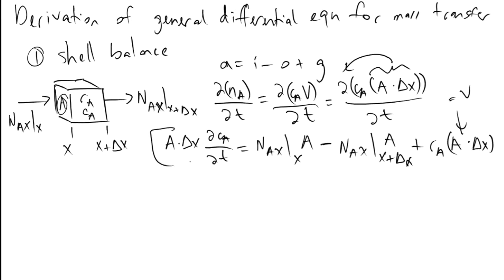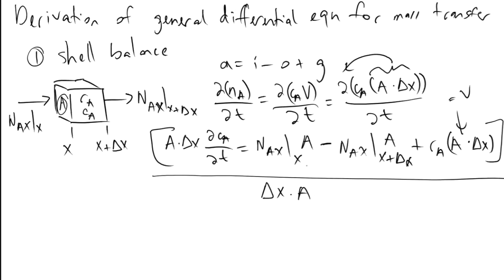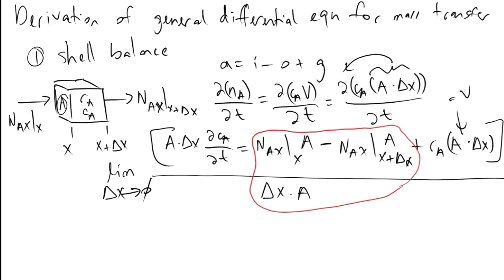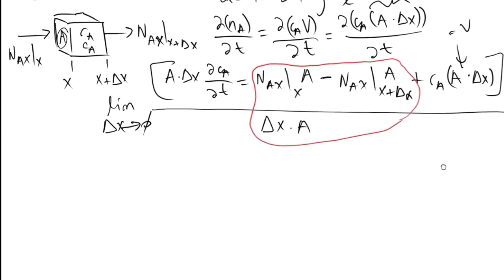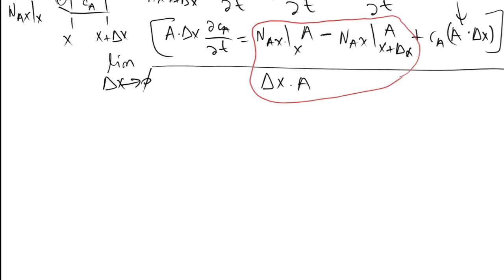And so what we do at this point with this equation is we're going to divide everything by delta X times area, and we're going to take the limit as delta X goes to 0. And what we'll note is that we have the definition of derivative here with these terms, and now this is negative, so this term right here is equal to minus dNAX dx, because it's the negative of the definition of the derivative.